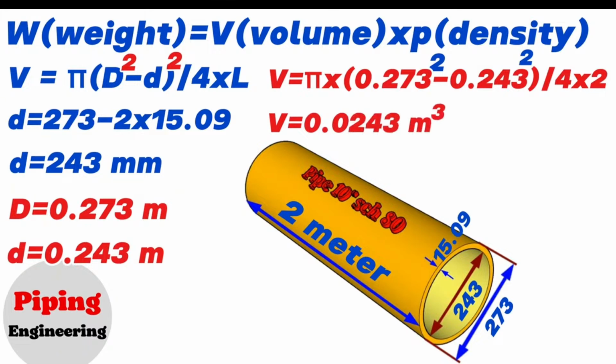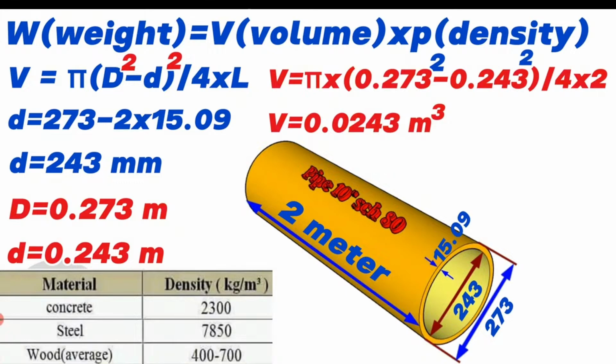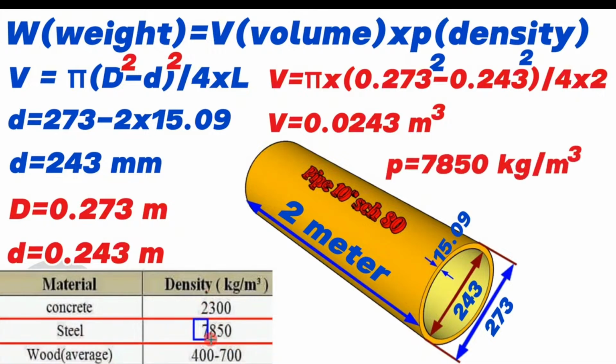Now let's look at the chart showing the density of iron material. In this chart, the density of iron steel is shown as 7,850 kg per cubic meter. Now let's write this information in the weight calculation formula.